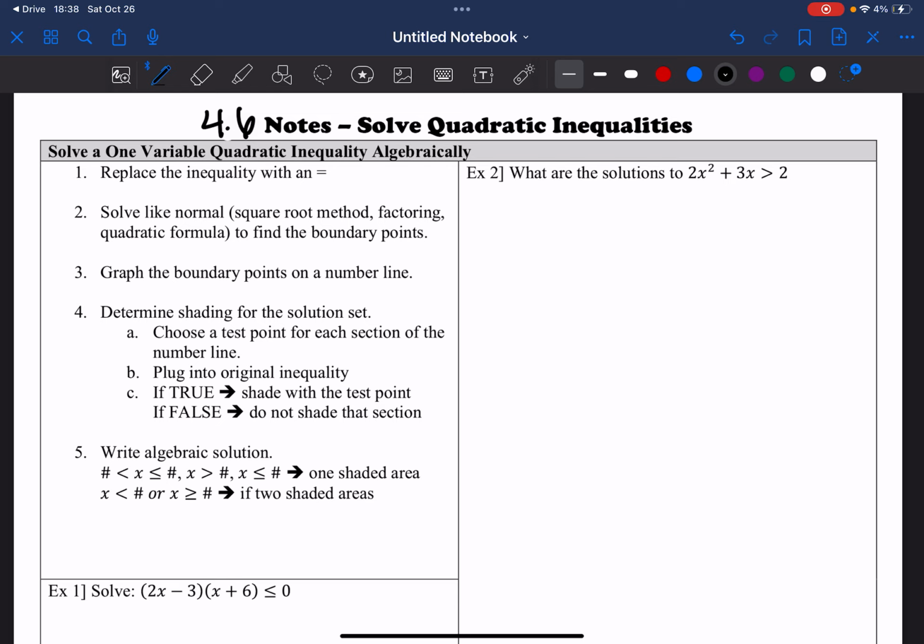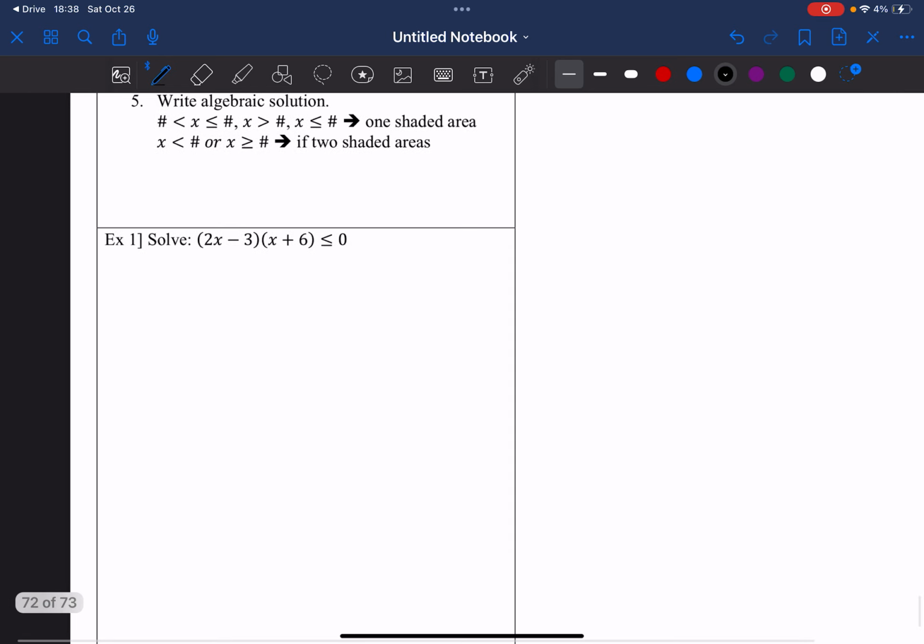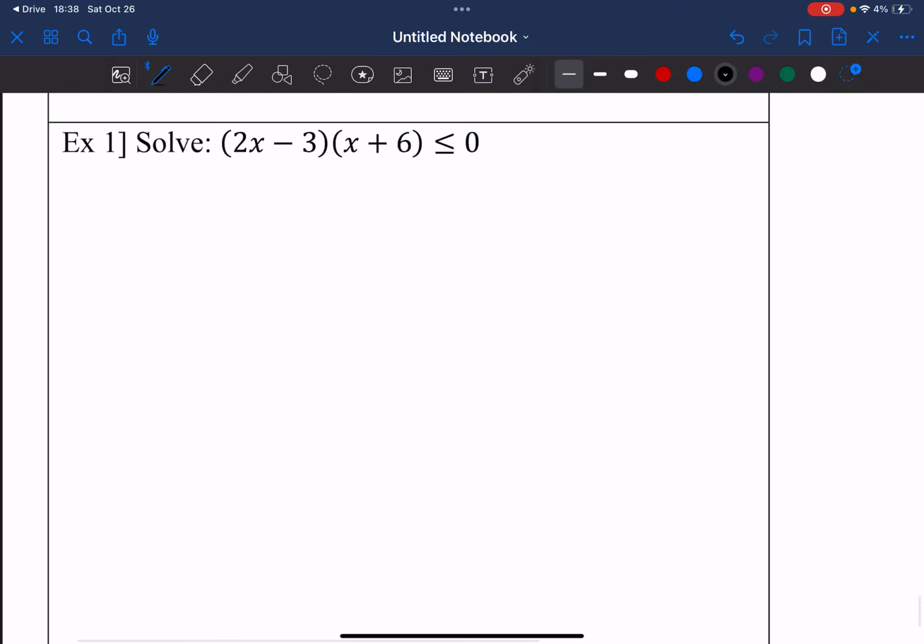Okay. So example 1 is right here. Our first step is to replace the inequality with an equal sign. So I have 2x minus 3, x plus 6 is equal to 0. Well, this is already factored for us, so we are going to set each of them separately equal to 0 and solve.